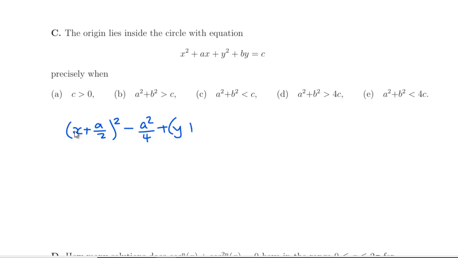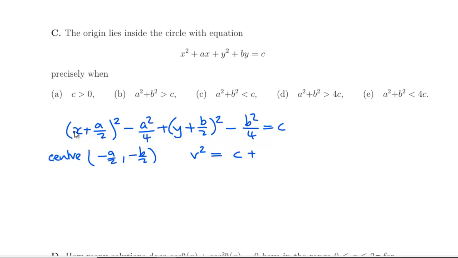Then (y plus b over 2) squared, take off the b squared over 4, and that is c. So we've got a centre at (minus a over 2, minus b over 2), and we've got our radius squared is going to be c plus (a squared plus b squared) over 4.